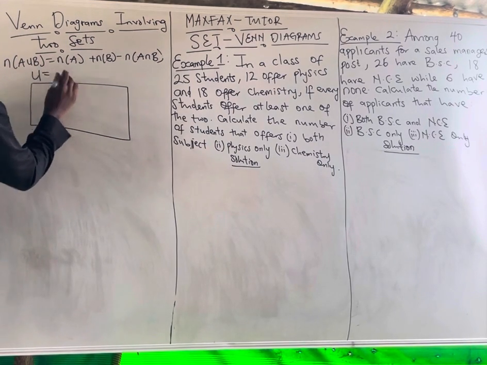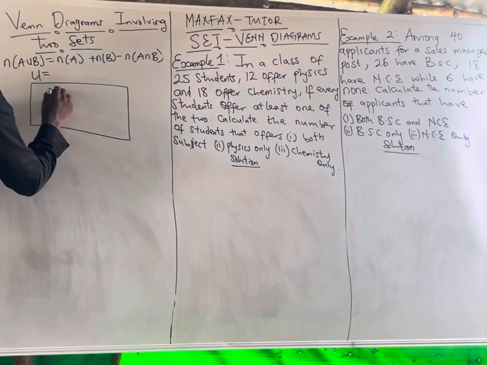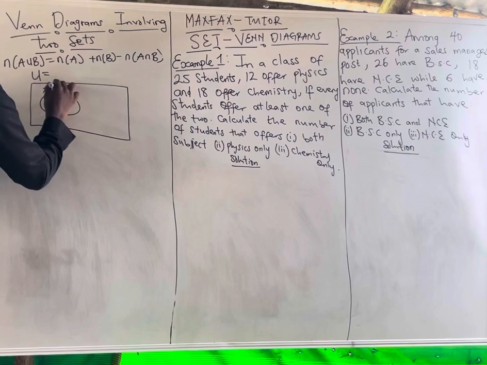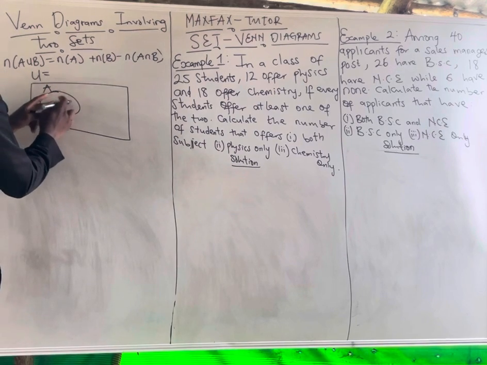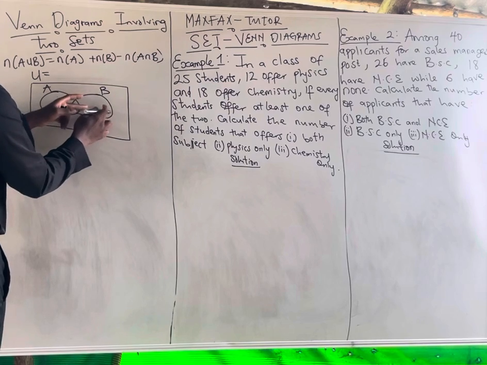The universal set is equal to everything inside the box. Let's say this is set A. The set A will be equal to everything inside this circle.